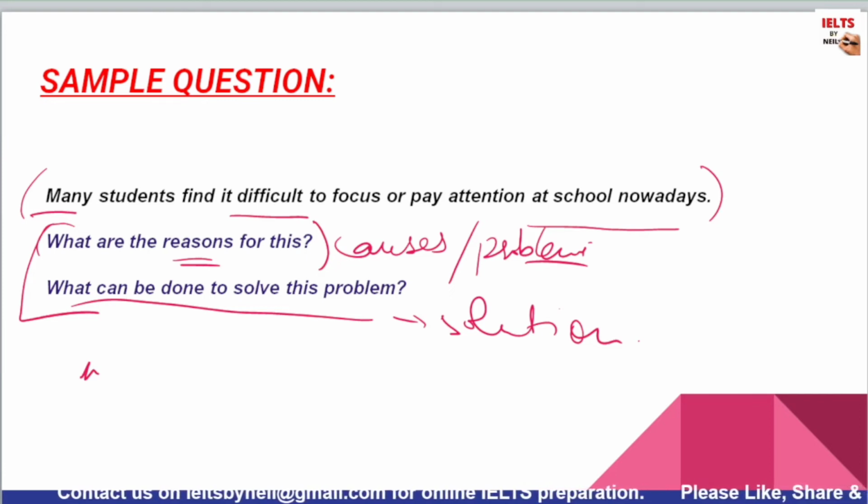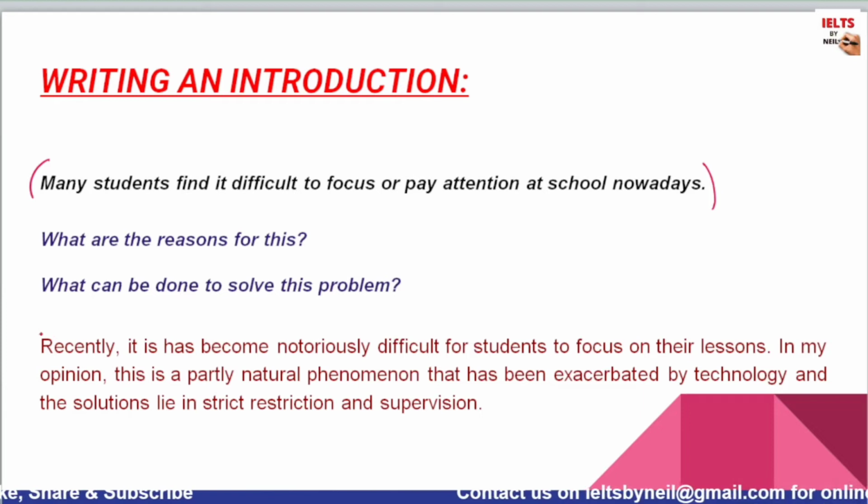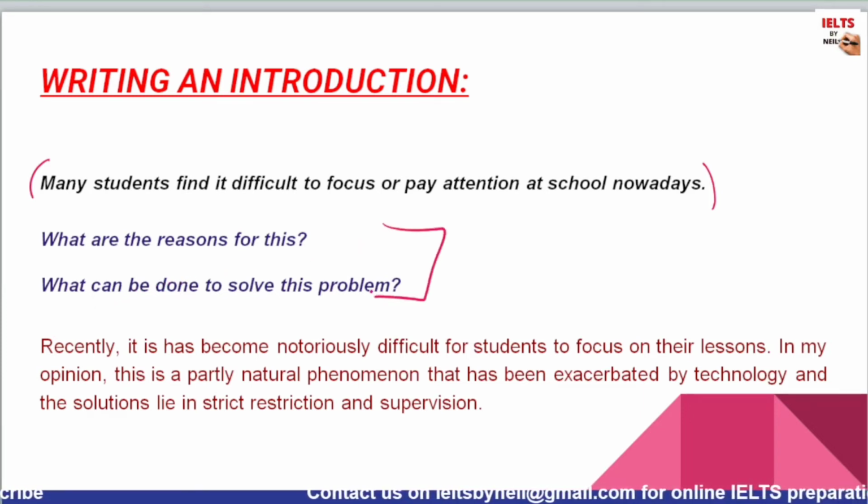Now we have to follow the structure. Let's try to start with the introduction. For introduction, we just have to write the paraphrase of this first statement and give the outline statement of these two.